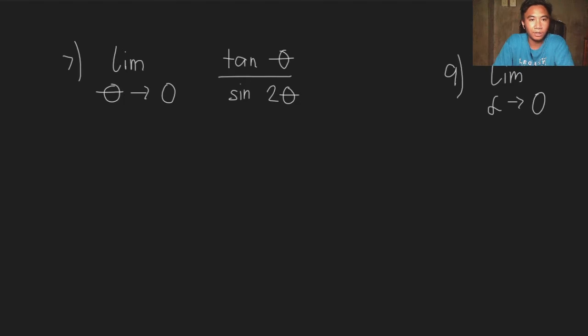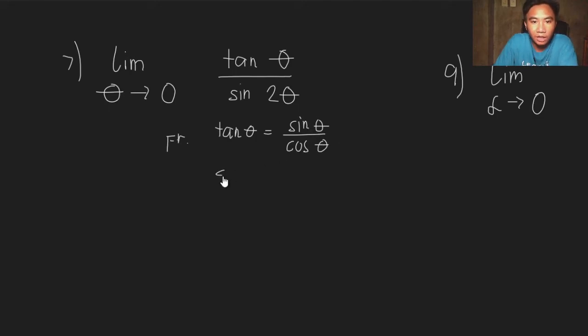So, number 7. The limit of tangent theta all over sine 2 theta as theta approaches to 0. Yung identities natin, ibabalik na natin siya in terms of sine and cosine ulit. Tangent theta is sine theta all over cosine theta.